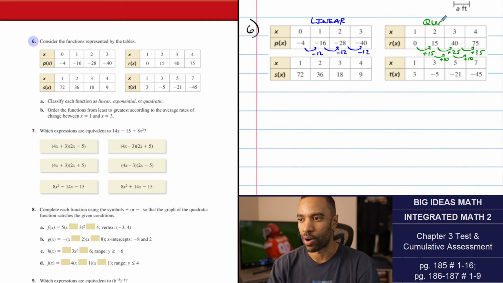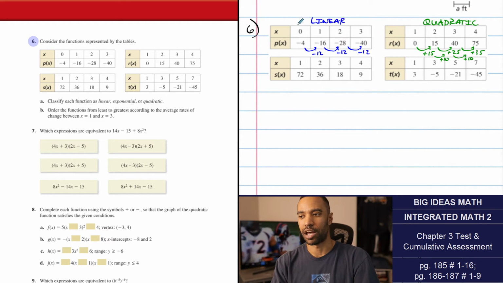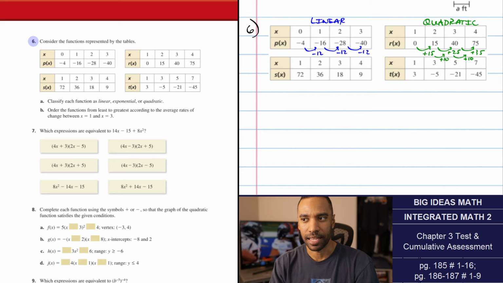That makes this quadratic. Remember, the difference has a common difference. I guess they did the constant rate of change stuff in that section. Again, I haven't covered it yet.